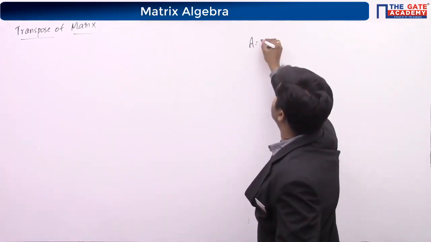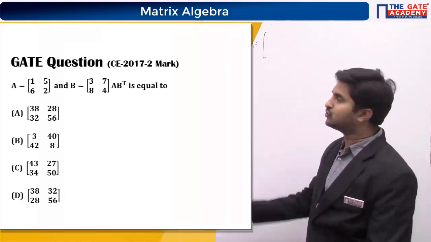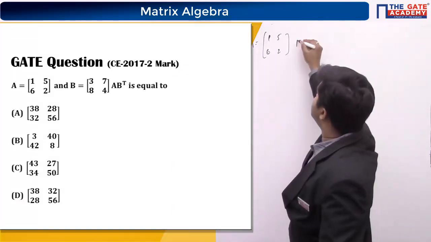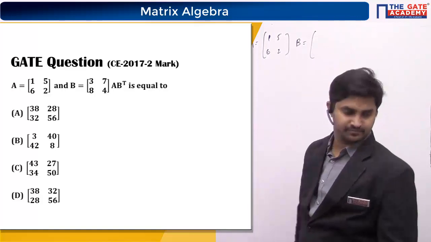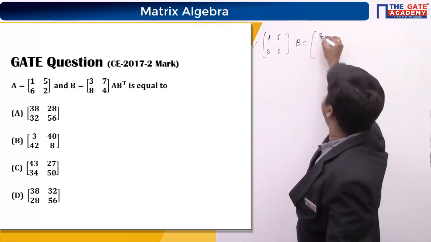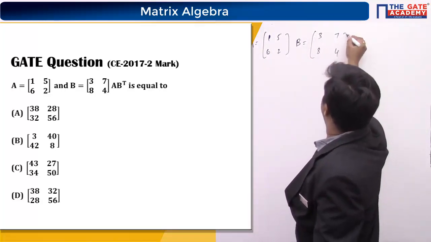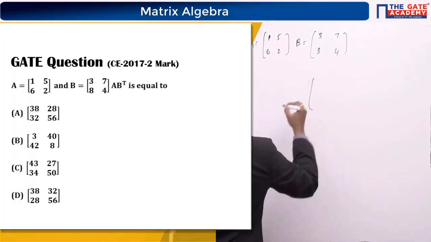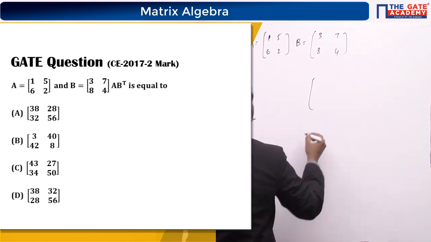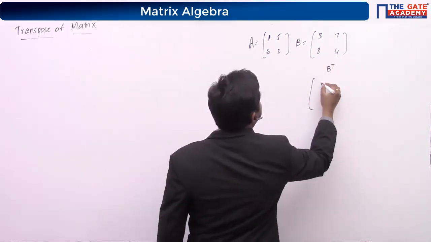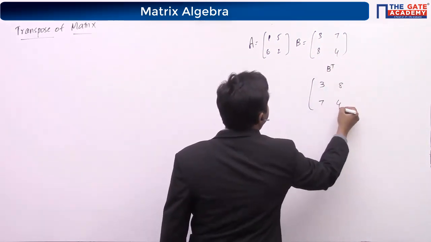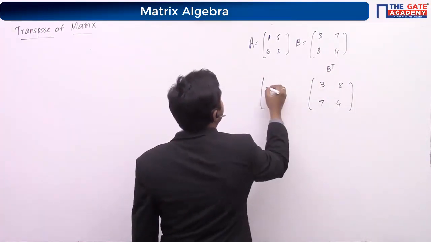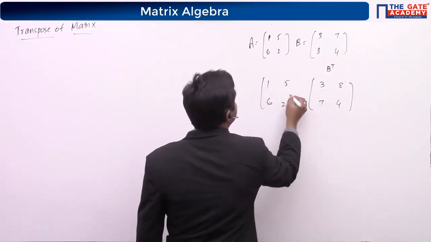So two matrices are given here. It's again a very simple question. So B is given as 3, 7, 8, 4. When I calculate the transpose of it, B transpose is 3, 8, 7, 4. And here it is 1, 5, 6, 2.